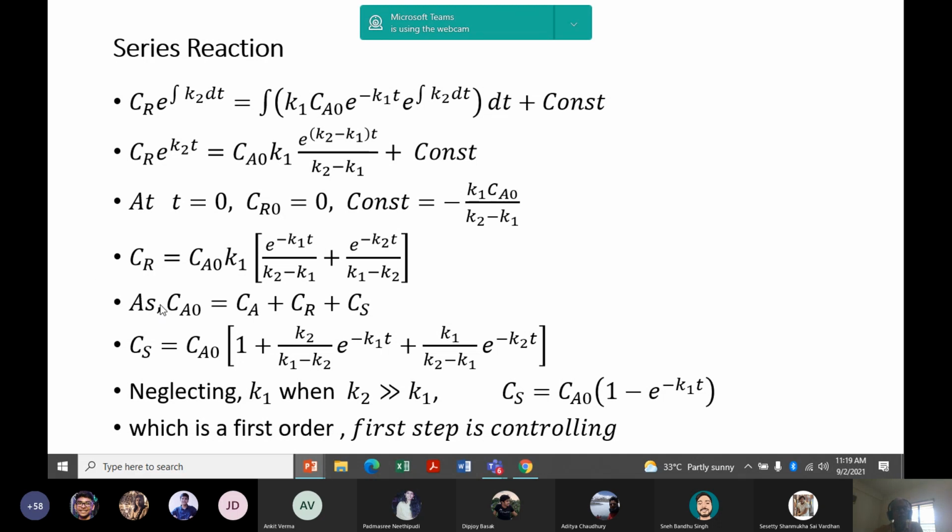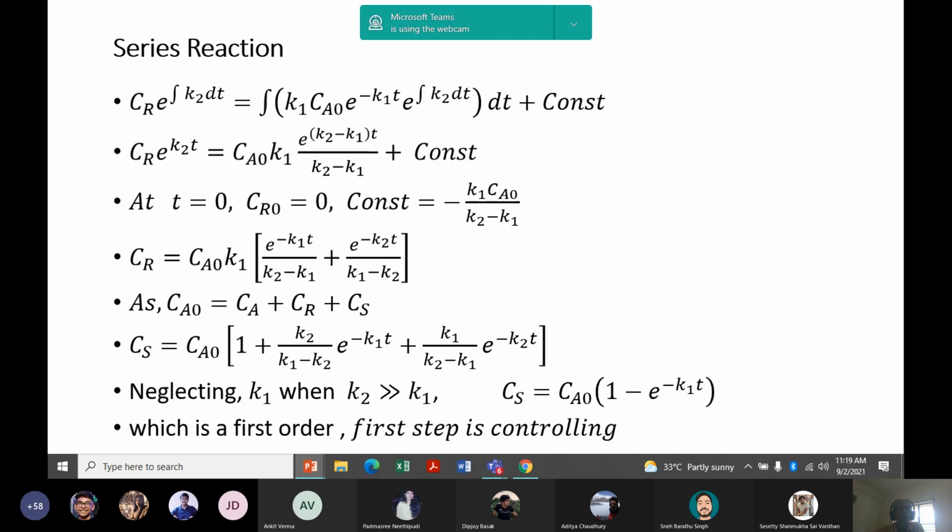At any time we can observe the product formations like Cr and Ca. So the summation of all three species concentrations will be equal to Ca0. And from here you can find out Cs also, and Cs is equal to this. And if you want to optimize or maximize Cr, differentiate with respect to t.